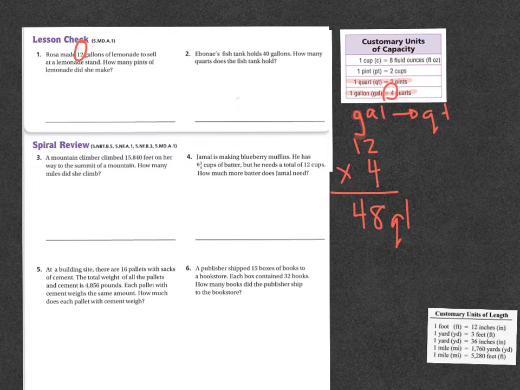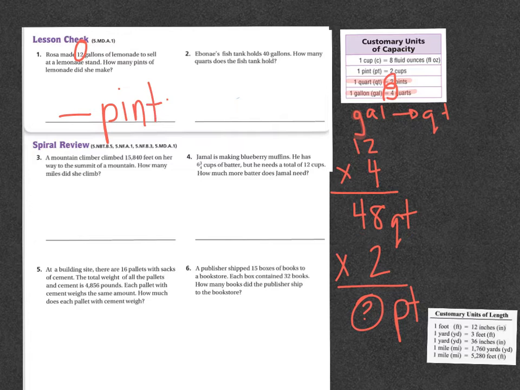That's your new quarts, but now you have to take your quarts and multiply it by 2 to get how many pints. Okay? So your product will be able to tell you how many pints there are in 12 gallons.